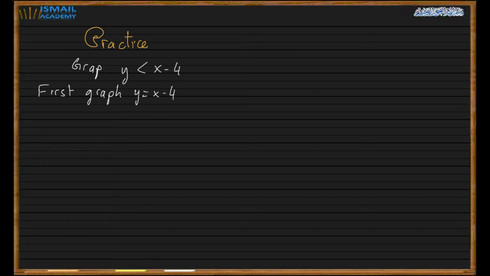Let me create my coordinate plane. I'm going to use the slope intercept form. My y-intercept is minus 4 and my slope is 1, which is the same thing as 1 over 1.